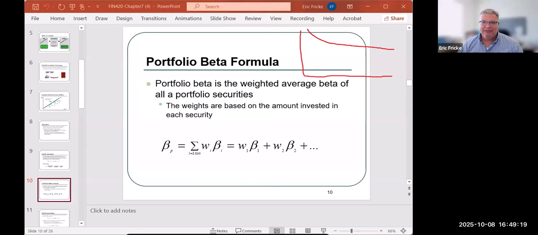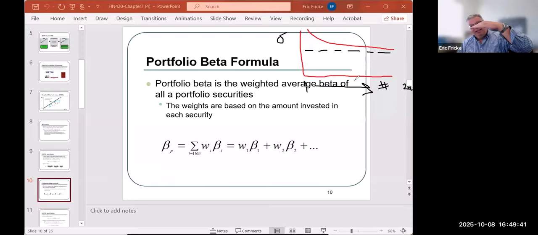And we said that as you add more and more stocks to our portfolio, call this the number of stocks in a portfolio, and this is standard deviation of your portfolio. So it goes from 1 to like 2,000 or something like that. As you keep adding more and more stocks, the portfolio standard deviation goes down, down, down, but then it flatlines.